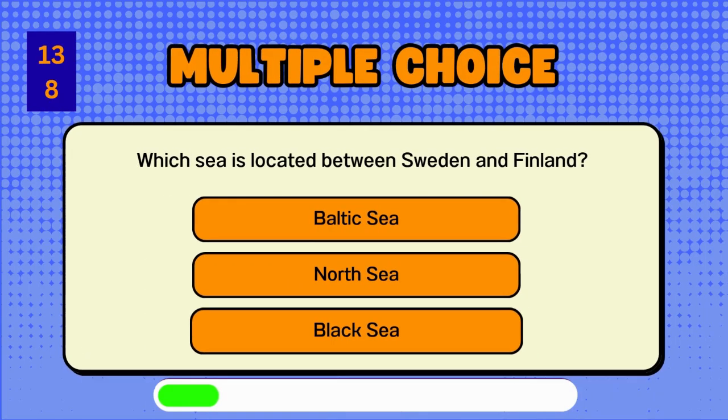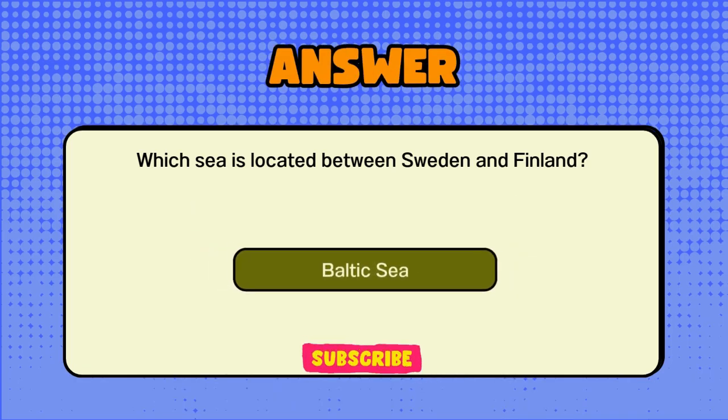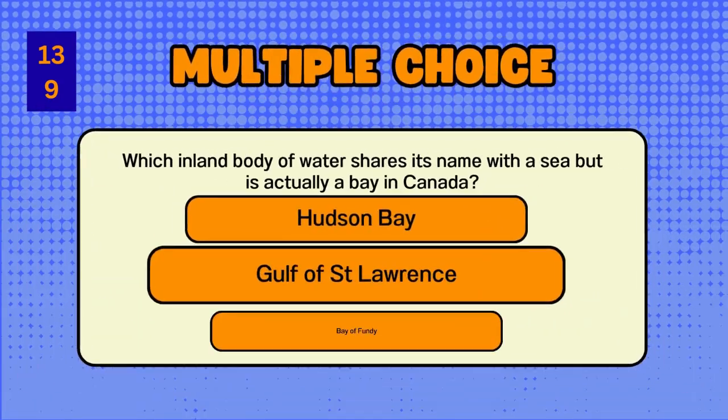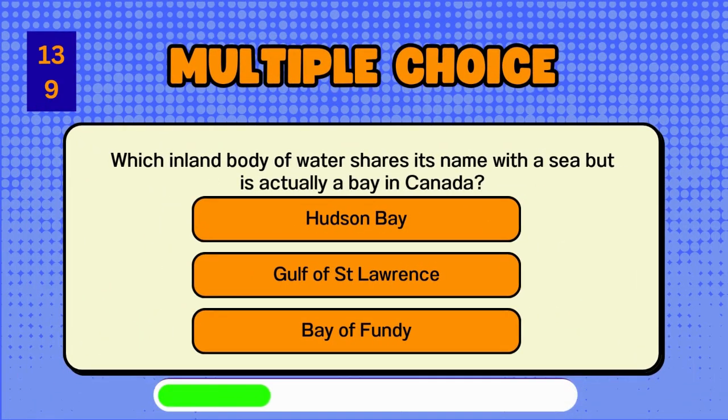Which sea is located between Sweden and Finland? Which inland body of water shares its name with a sea but is actually a bay in Canada?